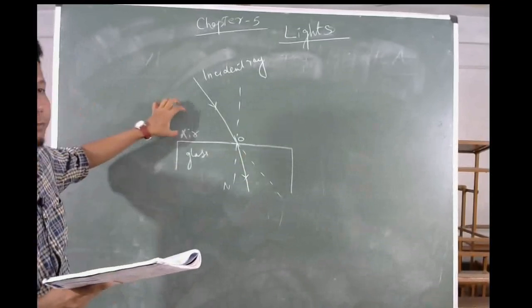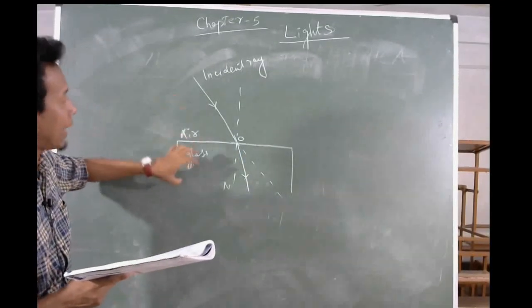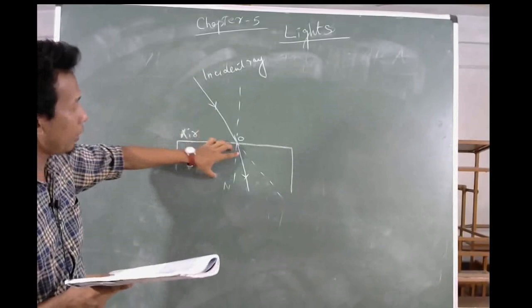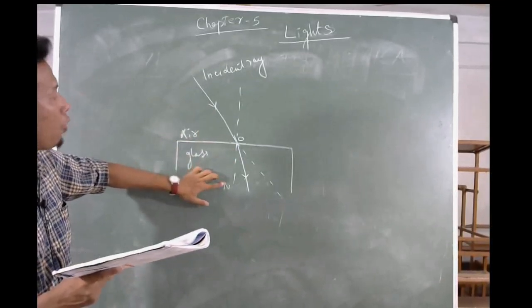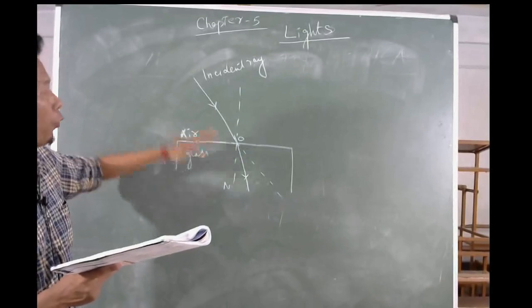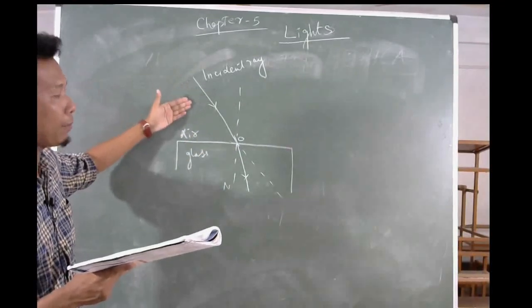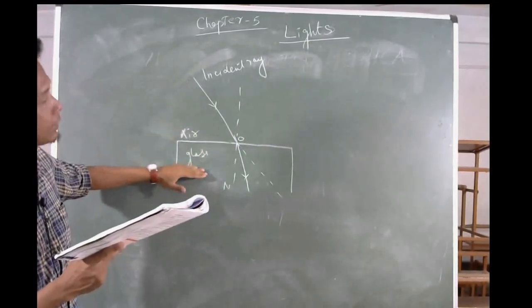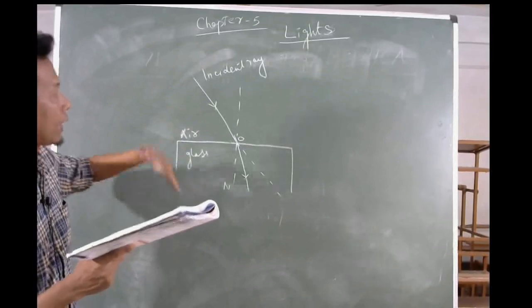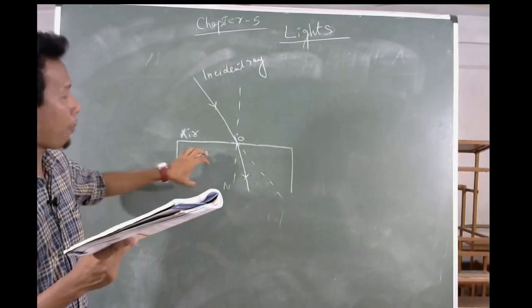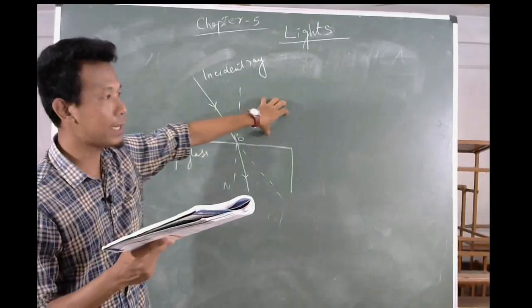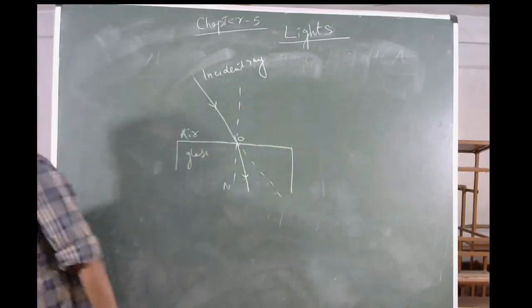It will move towards the normal when it is traveling from optically rarer medium to optically denser medium. Now let's see what will happen when light is traveling from optically denser medium to optically rarer medium.